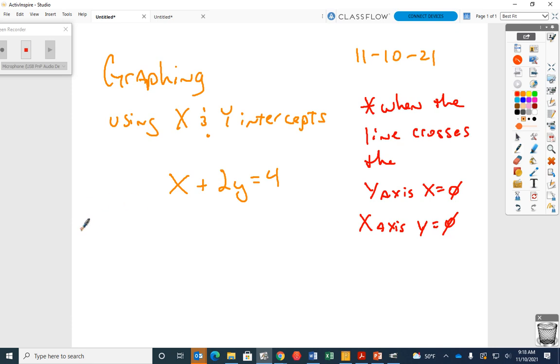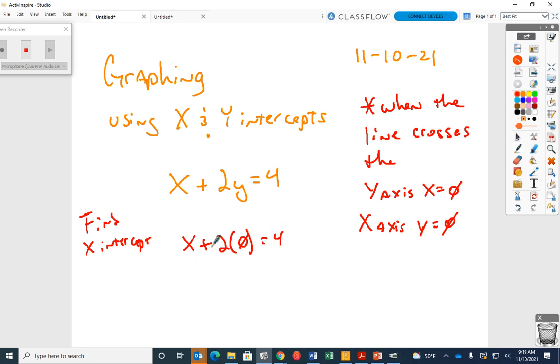Step 1, find the x-intercept. In order to find that, what did I just tell you? When my line crosses the x-axis, what does y equal? 0. So I'm going to write this equation, x plus 2, but replace the y with a 0.